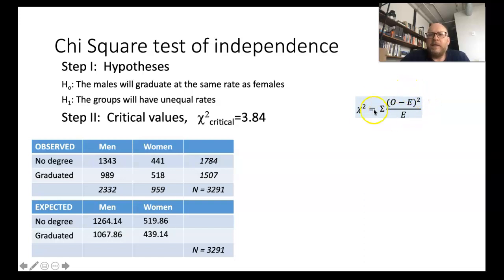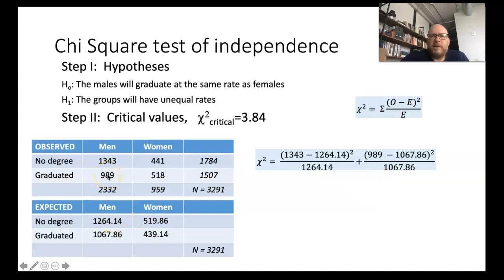Chi-square. Notice it's the exact same formula. This time we'll do that for 4 different categories. Okay, so the very first one, so I have the men with no degree. 1343 is observed. 1264.14 is expected. Put that down there.